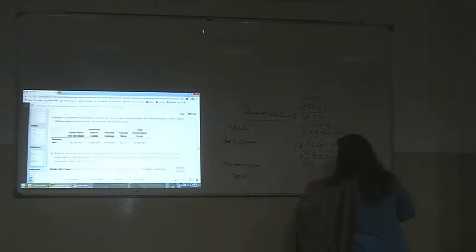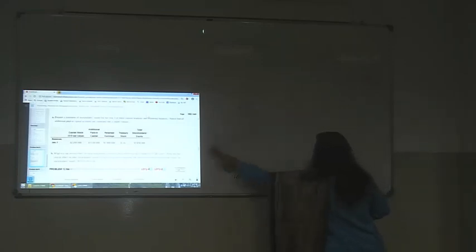Okay, right. So we have the question pertaining to stockholders' equity. As you can see, they've already given you the balances. I'm going to be copying the balances.